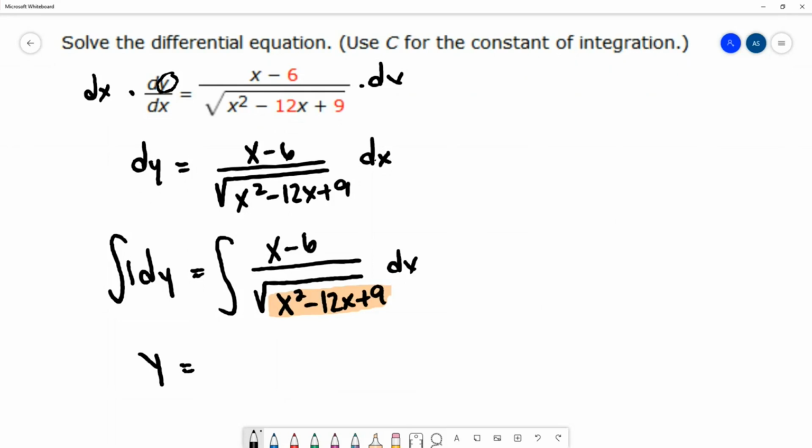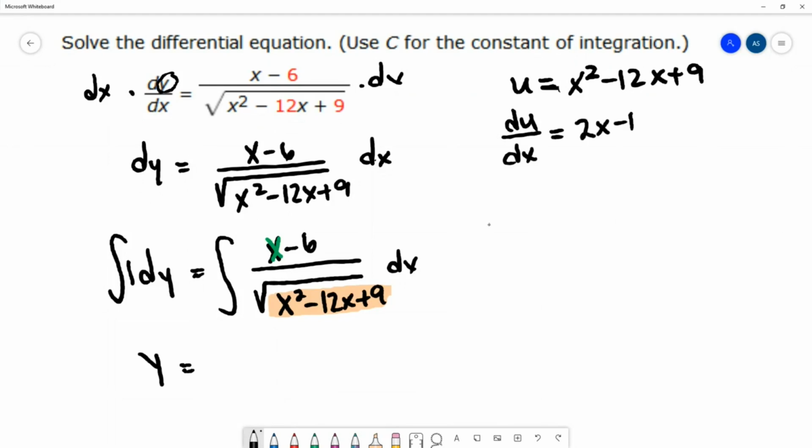The derivative of x squared is going to be 2x, and you can see that I have an x here. So this might work because I might have the derivative of what I'm choosing. So I'm choosing u to be x squared minus 12x plus 9. Then I'll calculate the derivative.